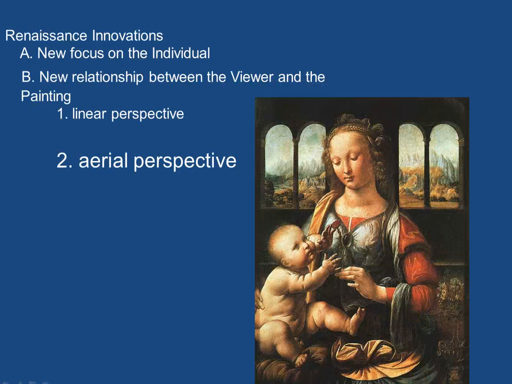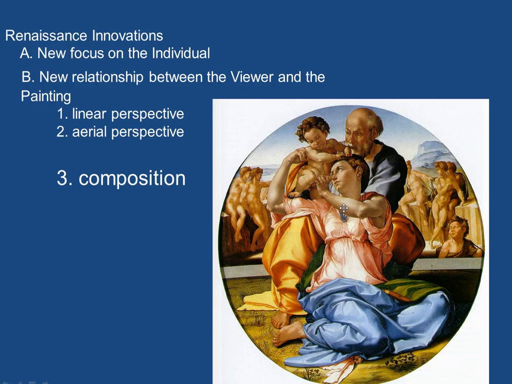Another way of creating a sense of depth is called aerial perspective, in which artists used the backdrop of the painting to have a receding landscape, so you feel like you're being pulled into the painting by this receding landscape. Renaissance artists also were much more attentive to composition. They often designed things in clusters of three.